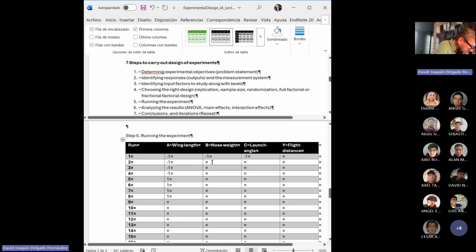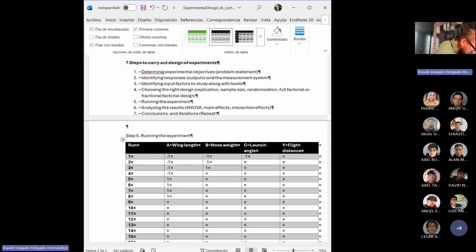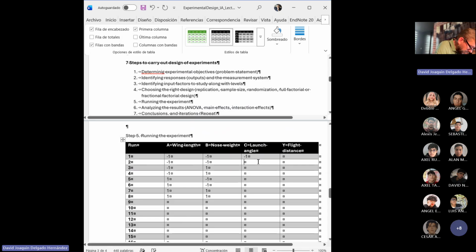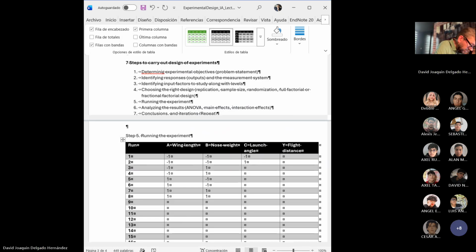Okay, so here we are going to have -1, -1, 1, 1, -1, -1, 1, 1. Okay, and here we are going to have -1, 1, -1, 1, -1, 1, -1, 1.